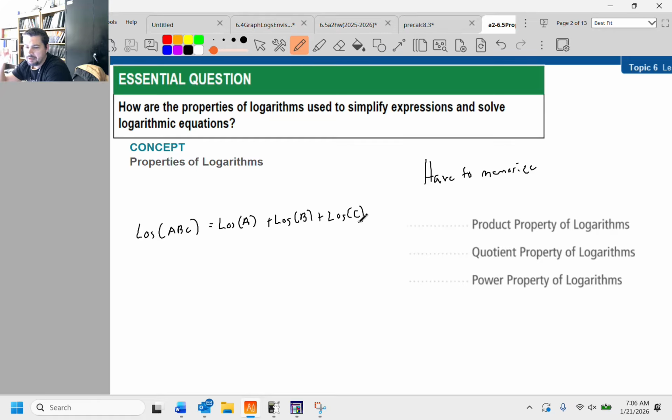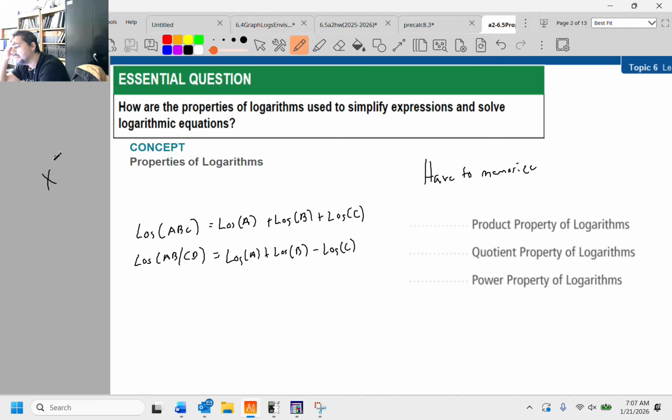The quotient property, I usually do four elements. I kind of leave it like this one, but I put it over: log of AB divided by CD. Now, A and B are in the numerator. They're going to stay positive like they were up here. Anything in the denominator is going to become a negative logarithm because we break apart division with subtraction.